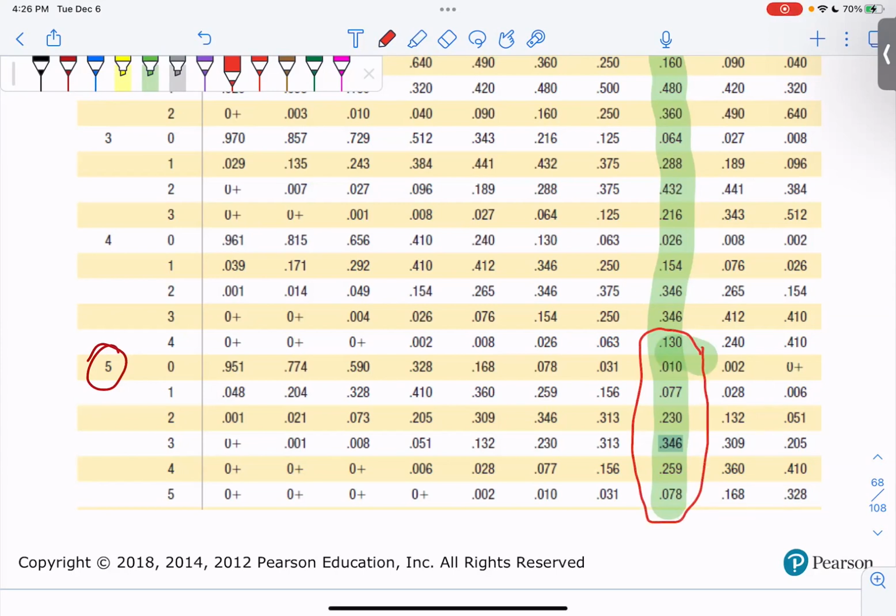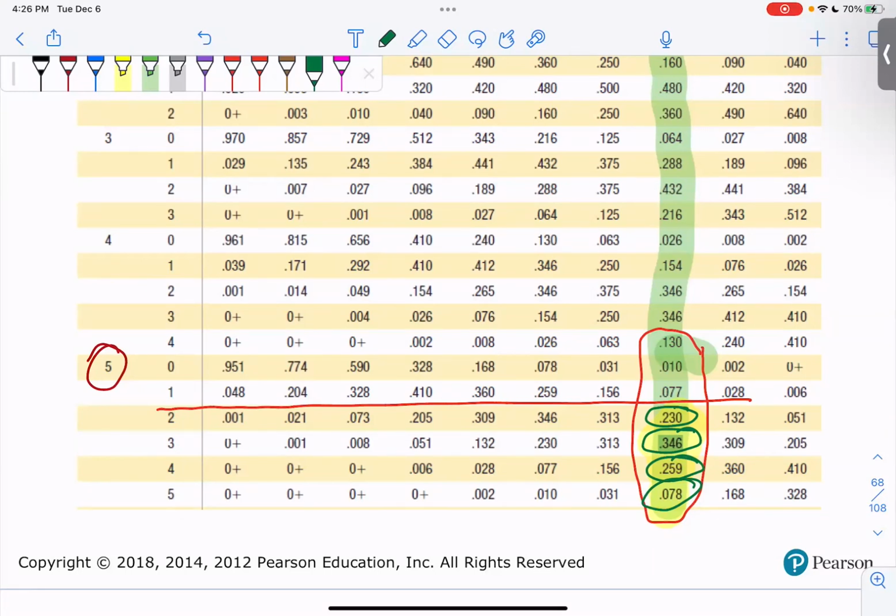But they said X at least equal to 2. So you will take the summation of those 4 values, and you will get the probability we are interested in.